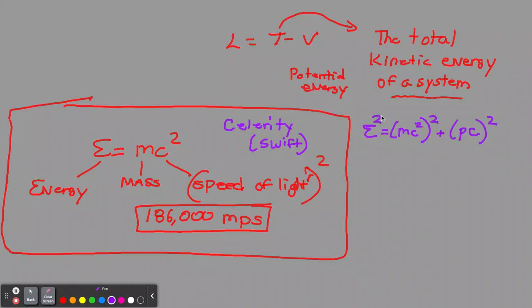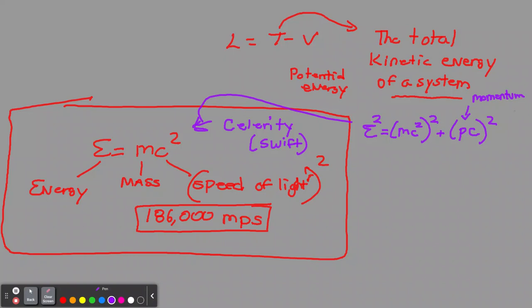That's the full equation, and from that, we get this simplified version when we're talking about certain things. Again, m is the mass, c is the speed of light, and p is momentum. When you're moving, you're gathering momentum.